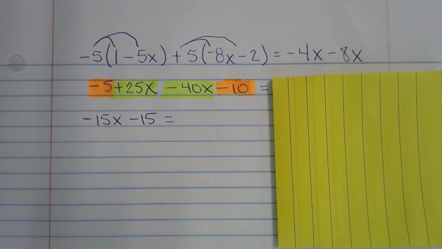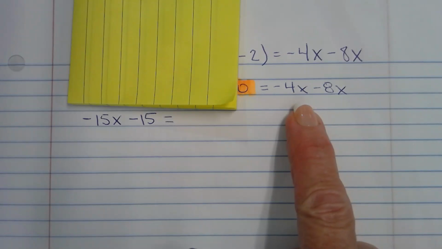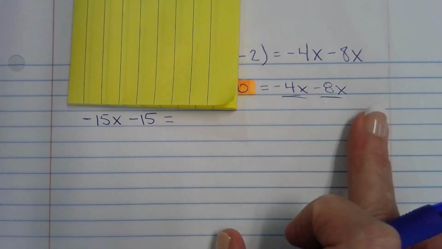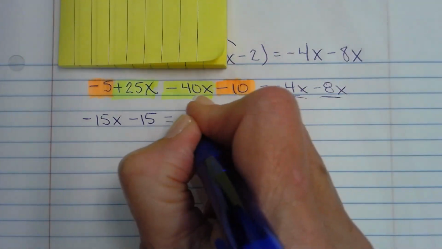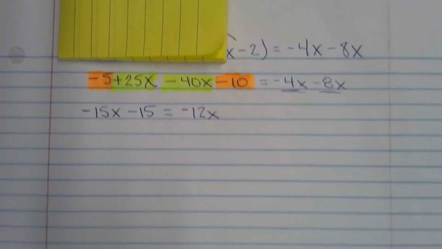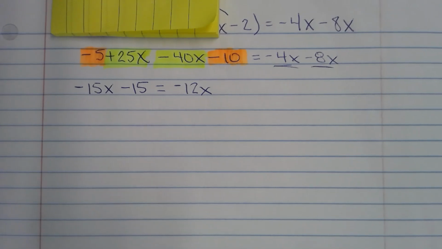And now, y'all, notice that I can actually combine over here as well. So I've got, both of these are x's, so when I combine the negative 4x and the negative 8x, I get negative 12x. Okay?